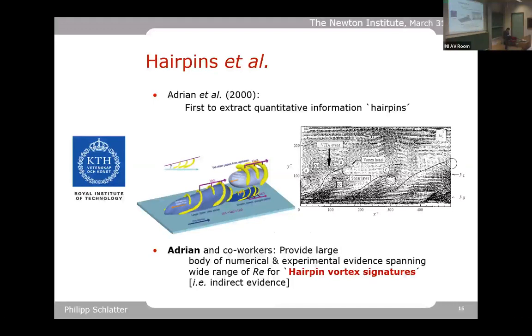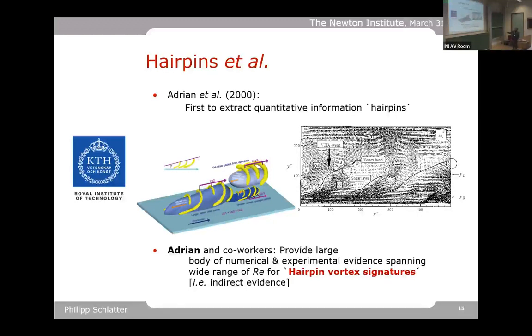Then I guess extremely important in this whole discussion is of course the work by Adrian in a series of papers, and I guess we've all seen this sketch here before, which is kind of the key description of the hairpin model for turbulent boundary layers, where you have these low momentum zones, and then you have hairpin-type shaped vortices wrapped around.